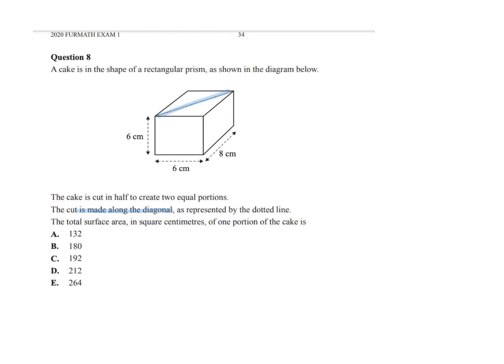The question asks for the total surface area in square meters of one portion of the cake. So what you've got to think about is we've got to just draw what we've actually got. We actually only have this piece of cake like that, okay? You've got these and you've got that side coming down like that. Sorry, it's a bit messy.